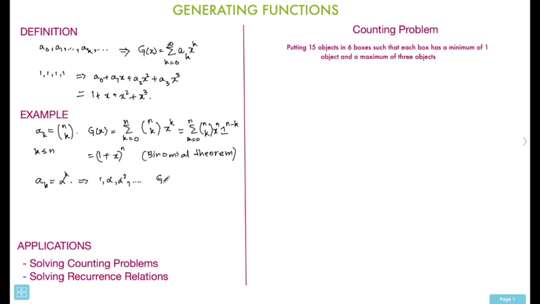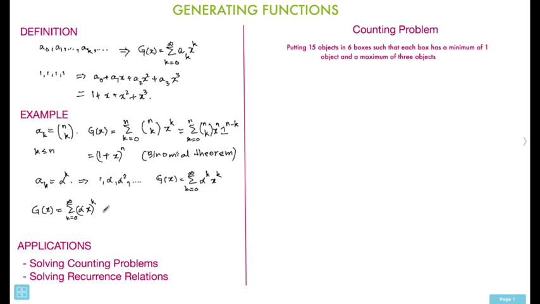So our g of x is equal to the sum from k equals 0 to infinity of alpha to the k, x to the k. So I can write this as the sum from k equals 0 to infinity of alpha x to the k.